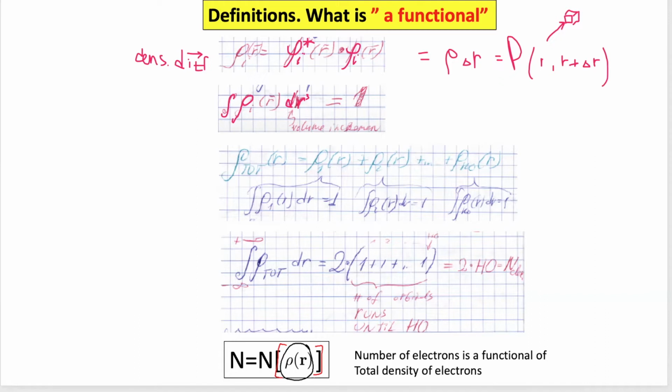Okay. Now, suppose that we have many orbitals. Let me write it in 2. We have a number of orbitals equal to, and here there is a little ambiguity, but to be correct, one should say 2 times HOMO. If HOMO is, say, 32, the number of electrons will be 64, as in our lab.